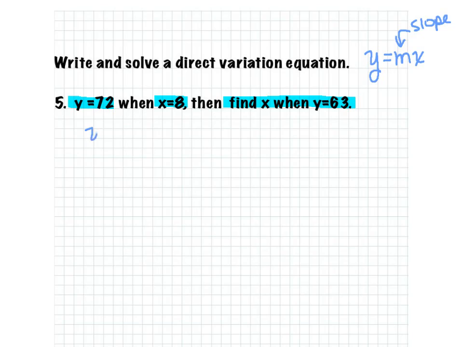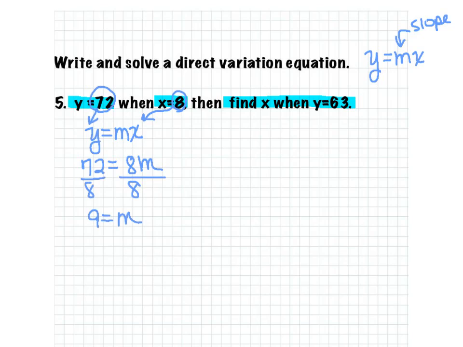Here's the equation, y equals mx. And we're going to substitute 72 for y and 8 for x. So here we go. 72 equals 8m. In order to solve for the slope of this line, we're going to divide by 8 on both sides, so 9 equals the slope. So now I know my equation.